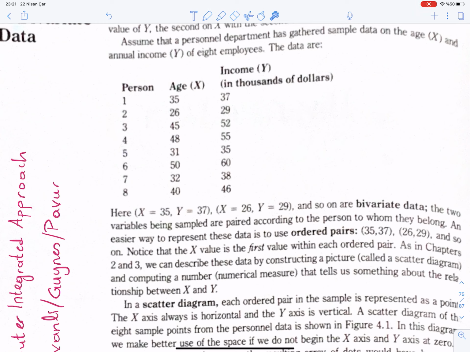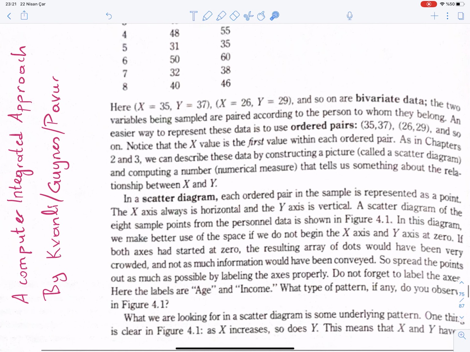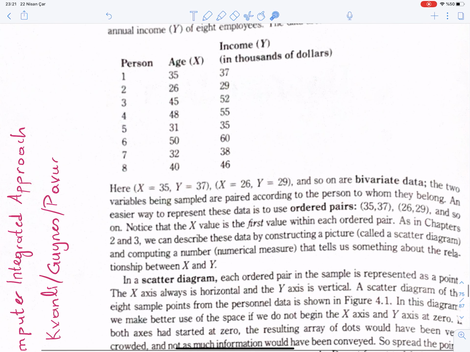This measurement lies between -1 and +1. A zero correlation means no relationship. No matter what the age is, the income won't change. So that means there will be no correlation.